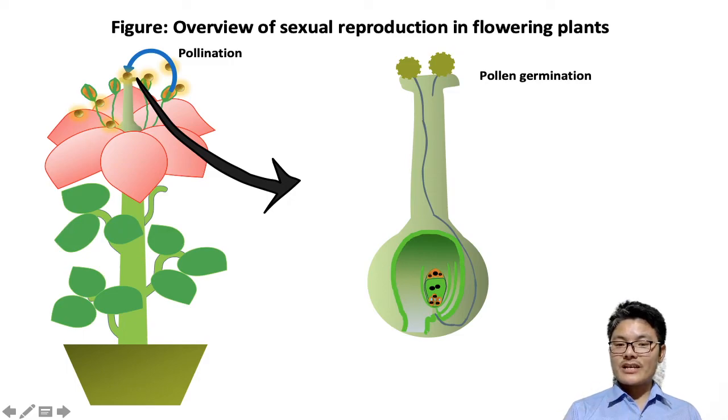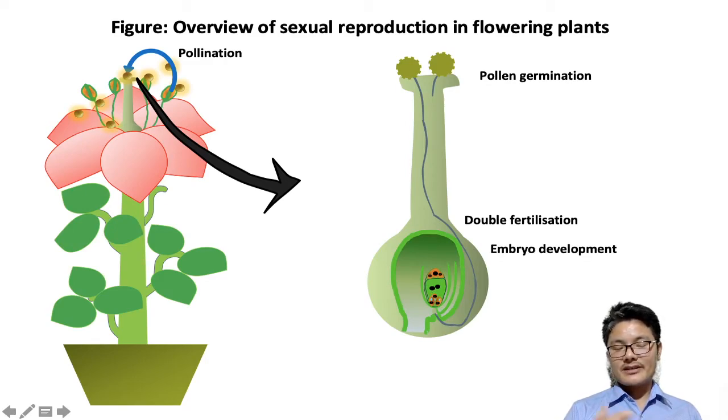Now for double fertilization to occur, the pollen tube will release 2 male gametes, and one of the male gametes will fuse with the 2 nuclei of the central cell, and the other male gamete will fuse with the egg cell of the embryo sac, and in a way there is development of the embryo.